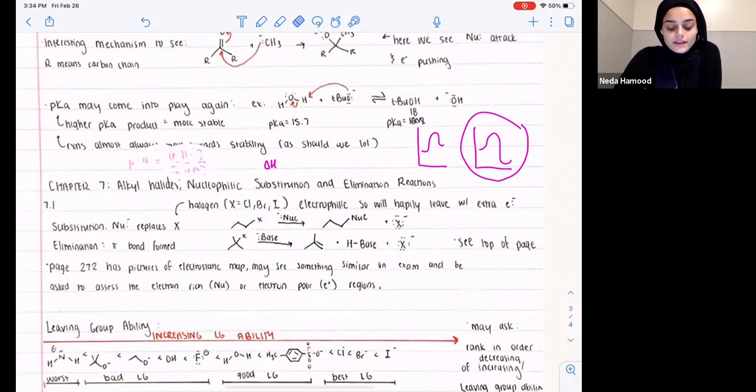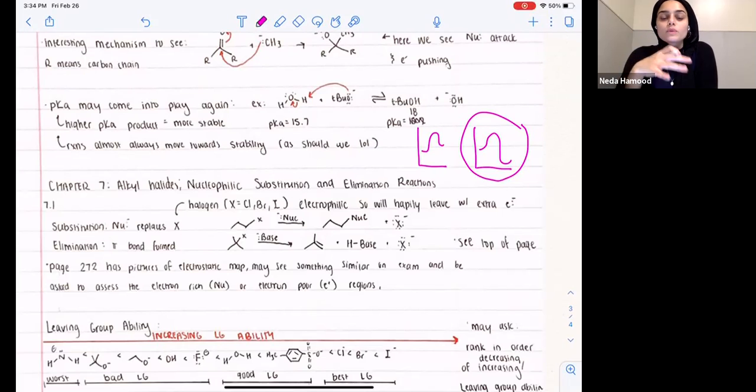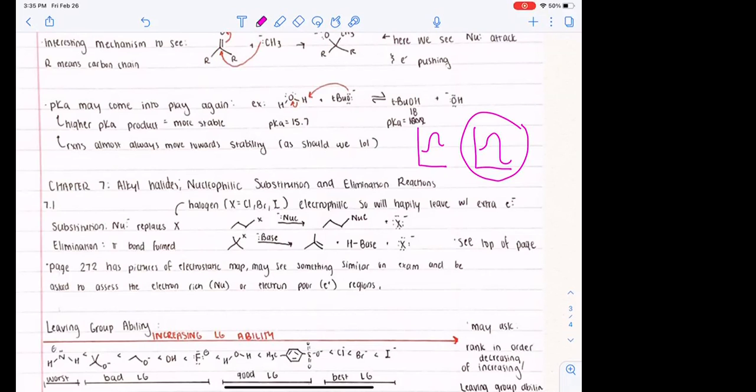But he's not going to ask you math questions. We just know that reactions want to move towards stability, so reactions want to be exothermic a lot of the time from what we're seeing. So it's kind of just what I was trying to say. Oh, okay.